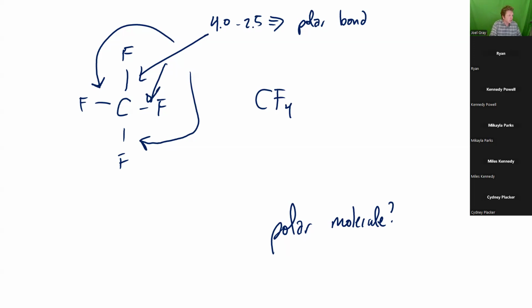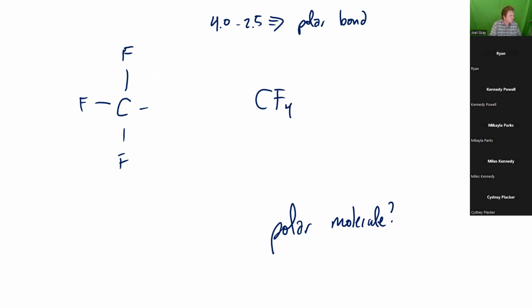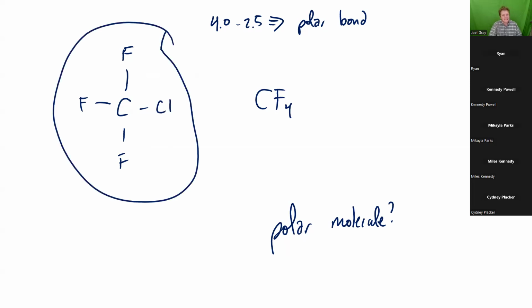Now, if I were to make a change to this molecule and put, doesn't matter, chlorine there. Now I'm asking, is this a polar molecule? And I'll go ahead and say that F is 4.0, C is 2.5, and Cl is, let's say, 3.5 or so.